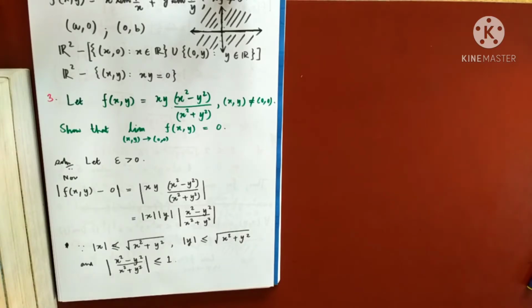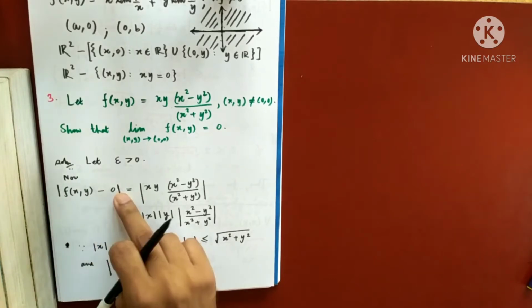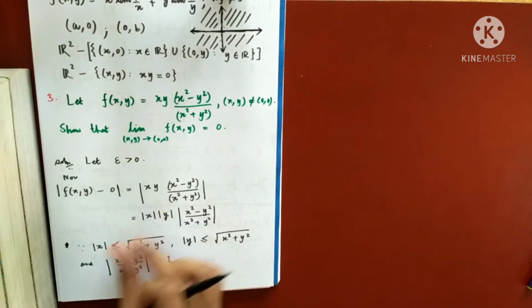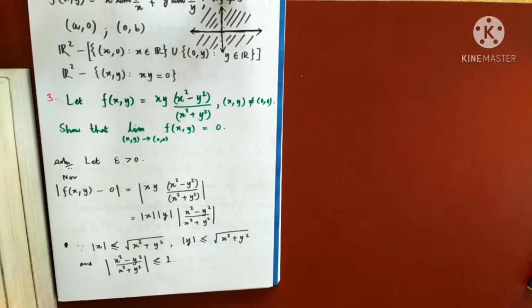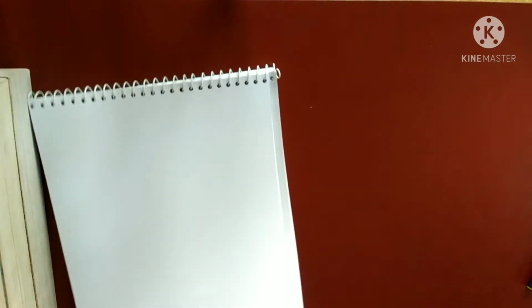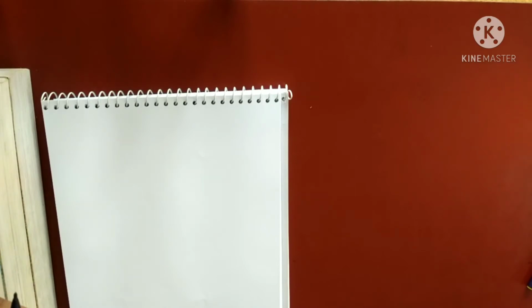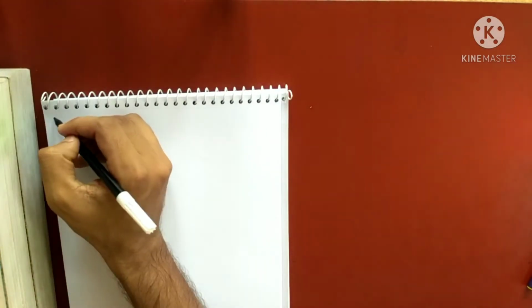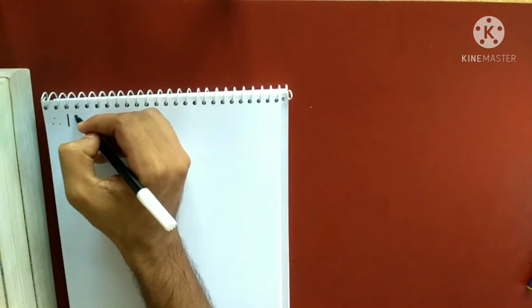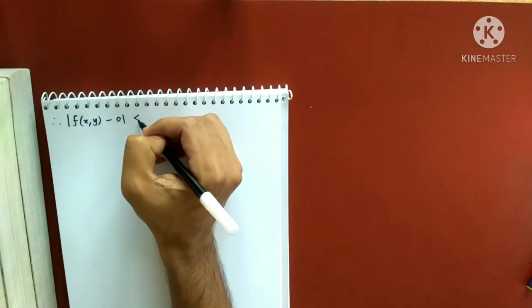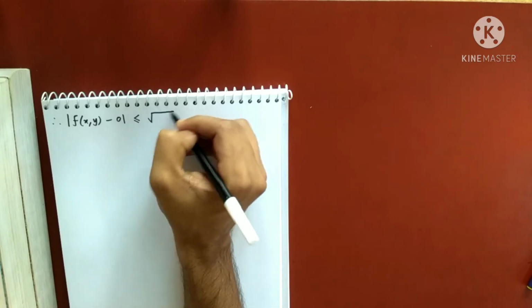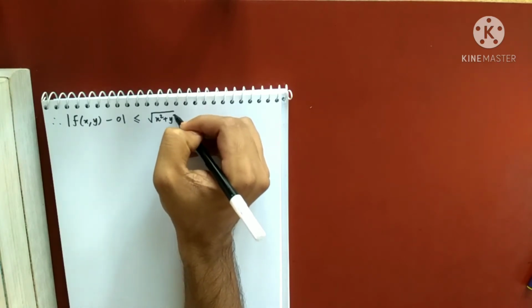Yeah. So just use this fact. Instead of this, less than or equal to this. Instead of this, less than or equal to this. Instead of this, less than or equal to 1. So therefore, modulus of f(x,y) − 0 is less than or equal to root of x² + y² two times.